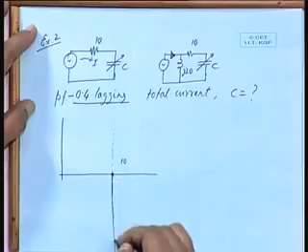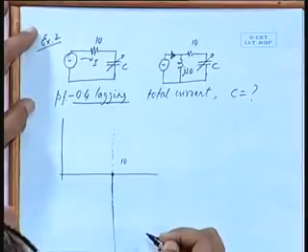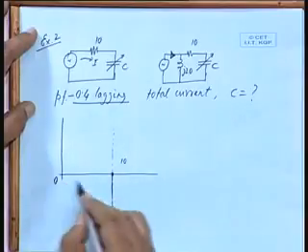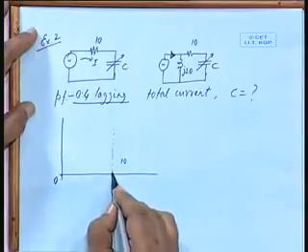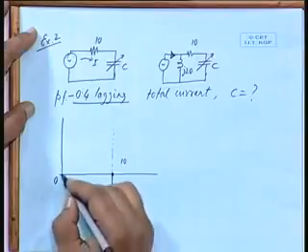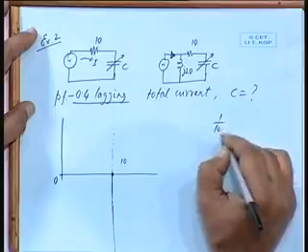So, it is 0 to minus infinity. So, what will be the locus of the admittance function? It is 0 to 1 by 10. So, 1/10 of this 1 by 10.